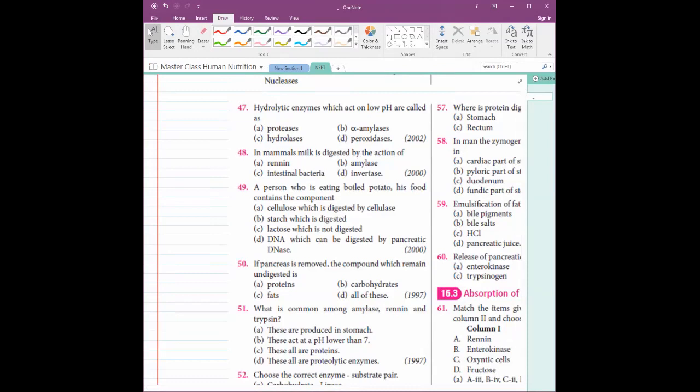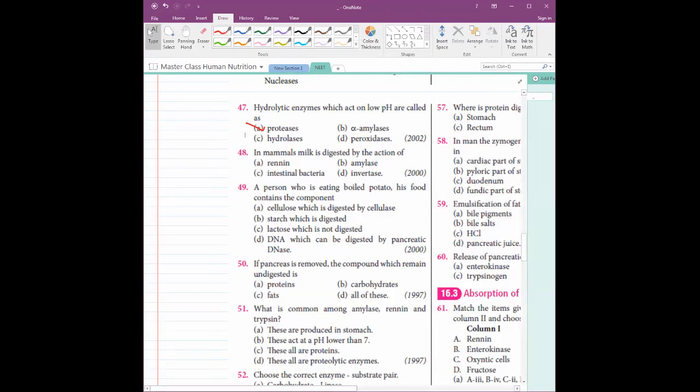Now, basically, when we talk about this, we are going to talk about your proteases. Because in your stomach, we are going to have your pepsin. Pepsin is going to break down your proteins. So that is going to be your protease. Generally we'll call it that.